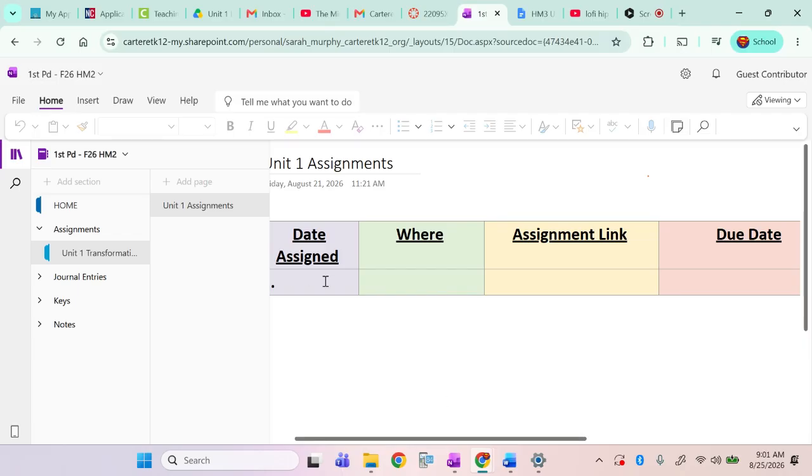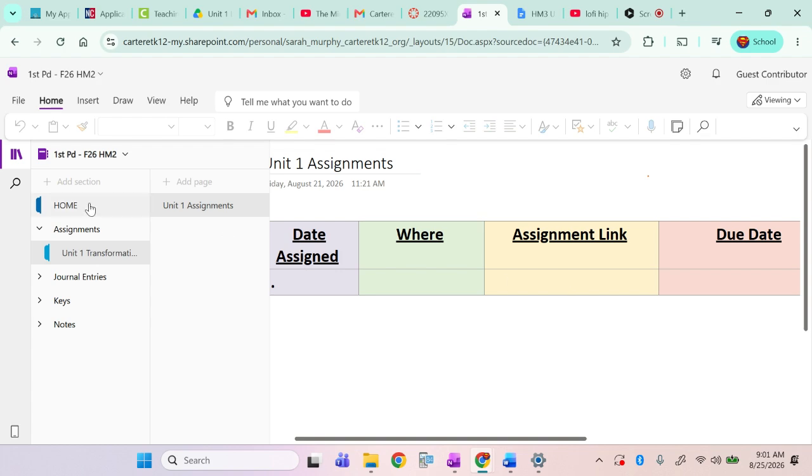But I'll put the date assigned, where it is, the assignment link, and the due date. If it's a paper assignment, I will link it to the paper PDF in the OneNote. So say you lost your packet or something, you can still do it on paper or print it off.